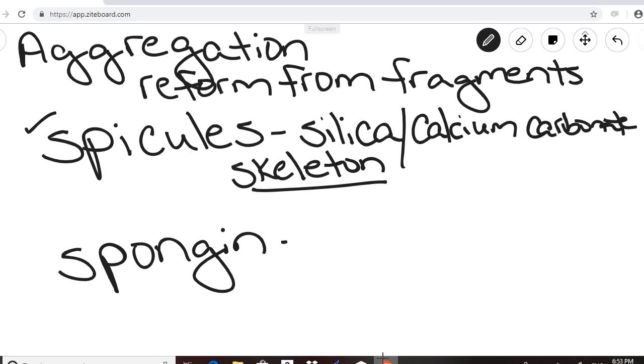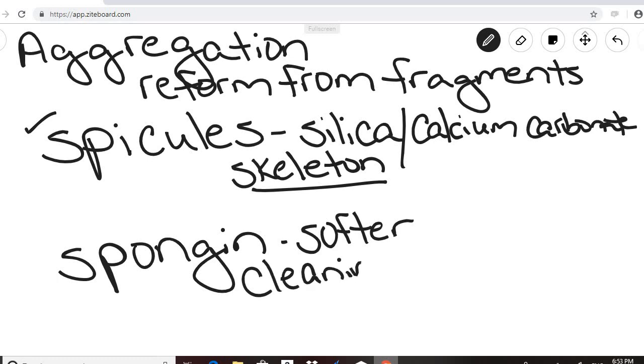Whereas spongin also provides support, but spongin is softer, and most of the sponges that are used for cleaning would be predominantly spongins.